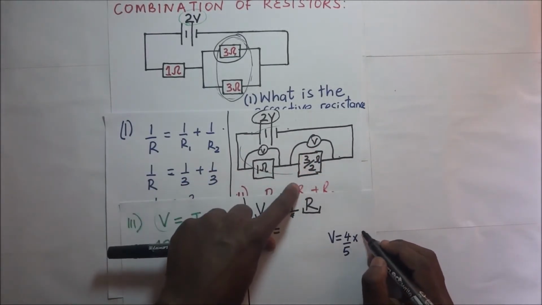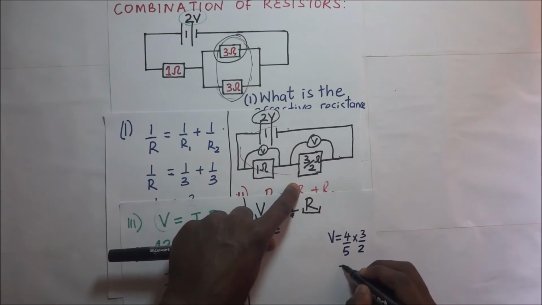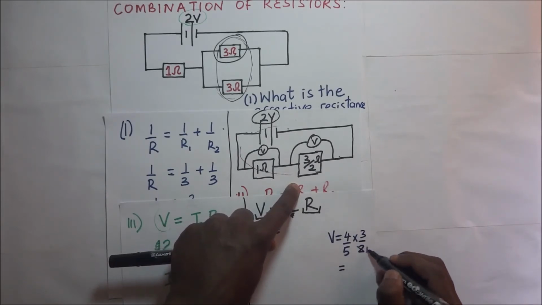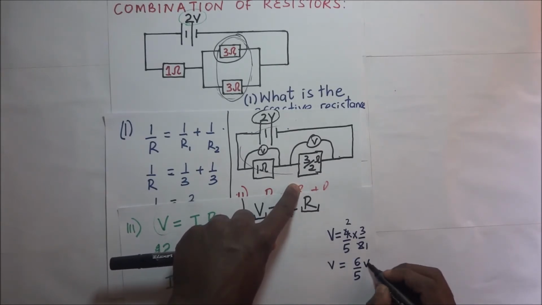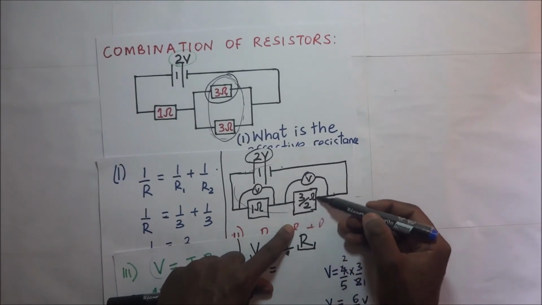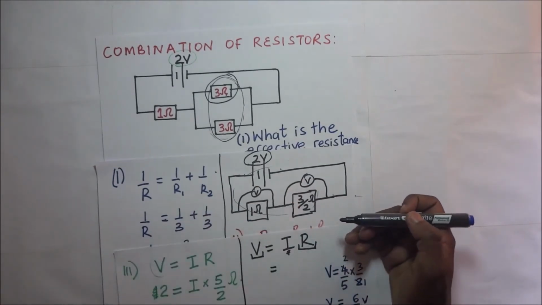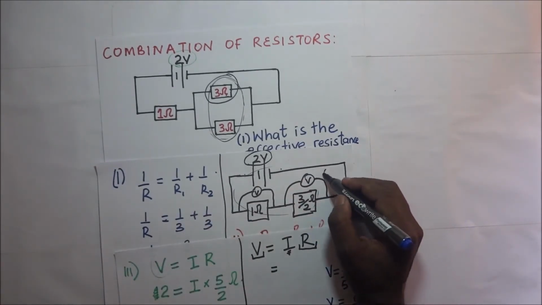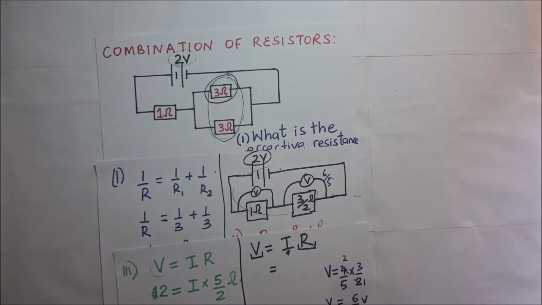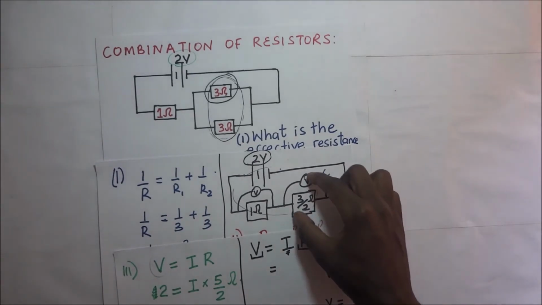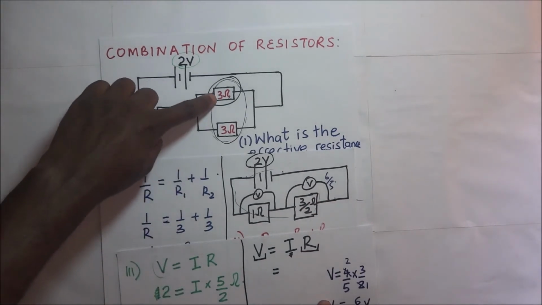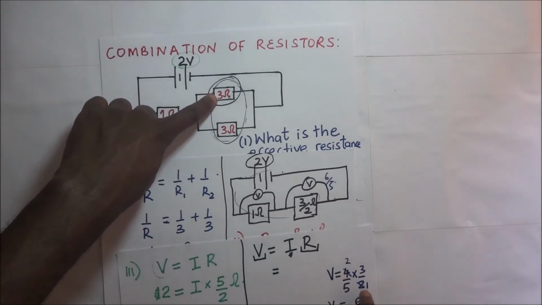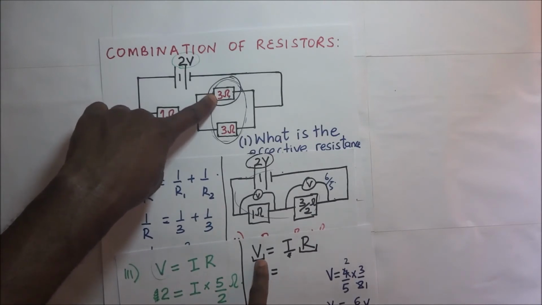So to get that resistance, which is 3/2, we shall end up with, by 2 once, by 2 twice, which is 6/5. This is in volts. So it means that across this combination, our voltage is 6/5 volts right here. So if it is 6/5 volts across this combination, this simply means that the voltage across the 3 ohm resistor is 6/5 volts.